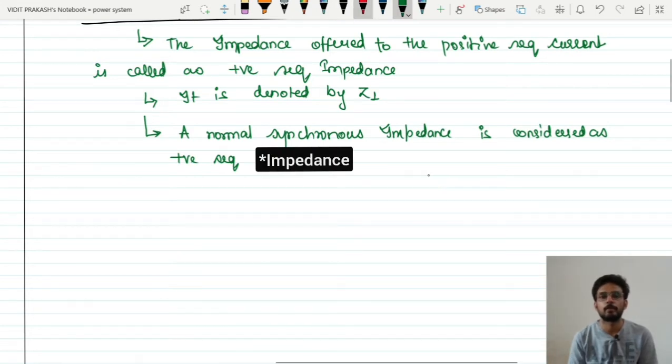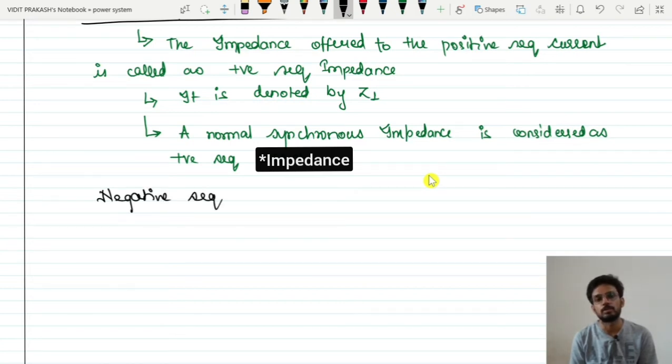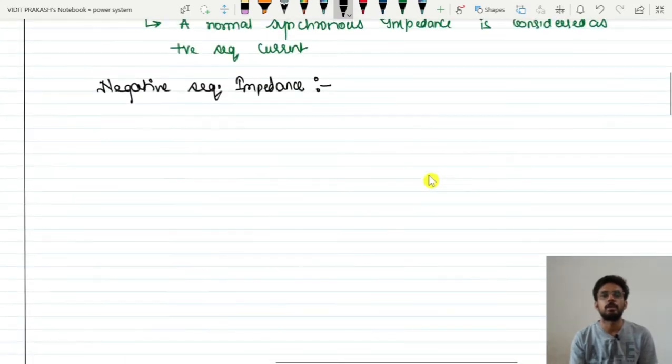Now next is negative sequence impedance. So what is negative sequence impedance?